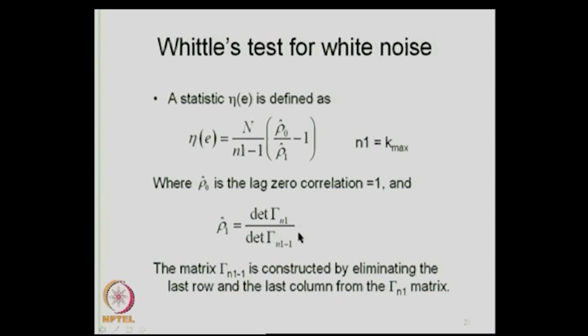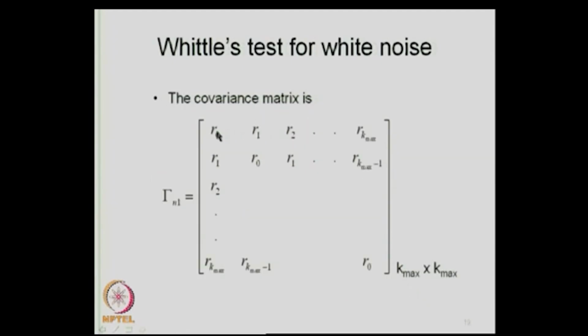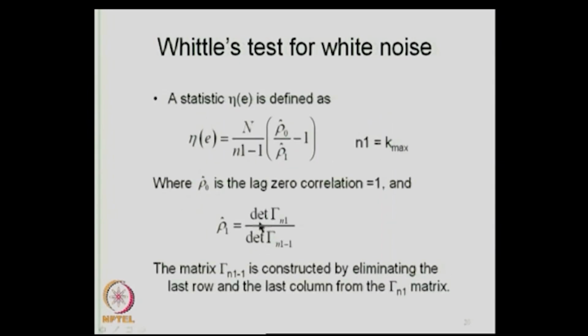Now, tau n1 minus 1 is constructed by eliminating the last row and the last column from the tau n1 matrix. That is, you have this matrix, you delete the last row and the last column, and so you will have tau n1 minus 1, and the determinant of that is what is used here.